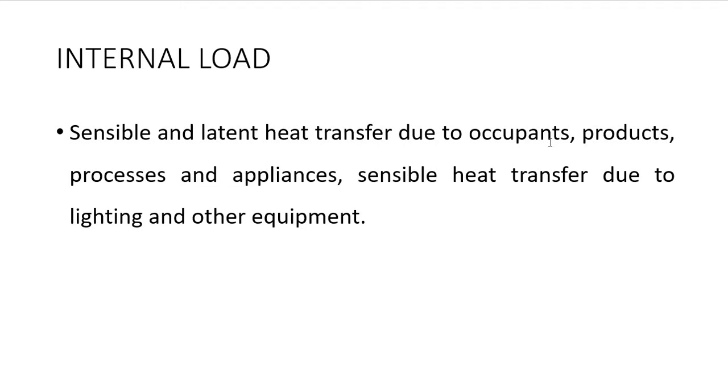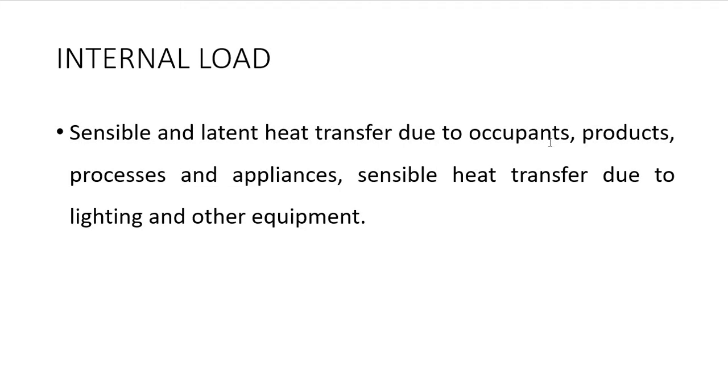Then lighting is another part. We are using lights for lighting purposes, and we are using LED lights, CFL lights, and in older times we used incandescent lamps. Incandescent lamps emit a high amount of energy. Whatever the power rating, that power is completely converted into heat energy.